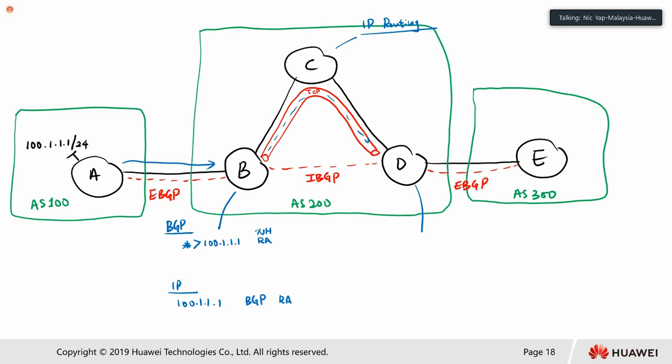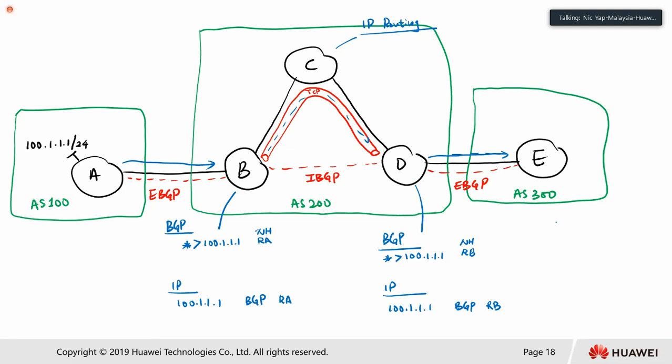C just forwards across to router D, and I will have the BGP route 100.1.1.1, next hop router B. In my IP table, I have 100.1.1.1 learned from BGP, coming from router B. So this information will be sent to router E. This is without synchronization.